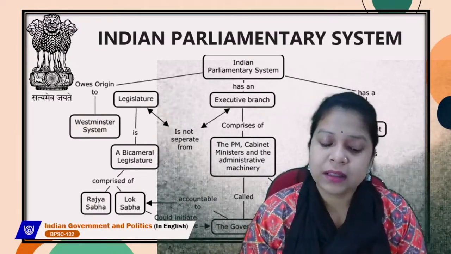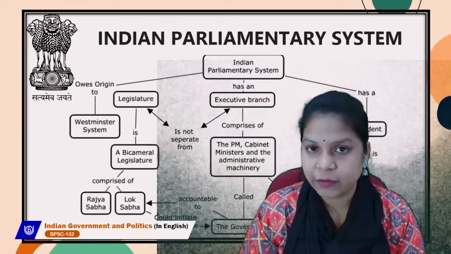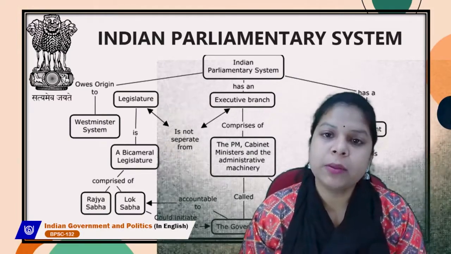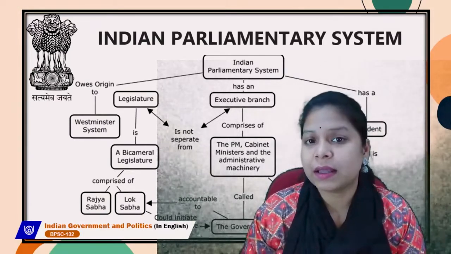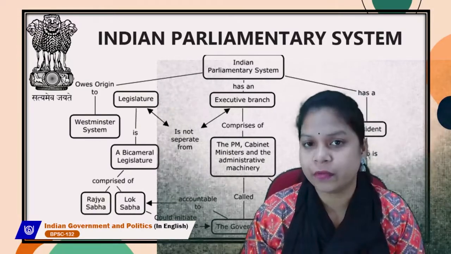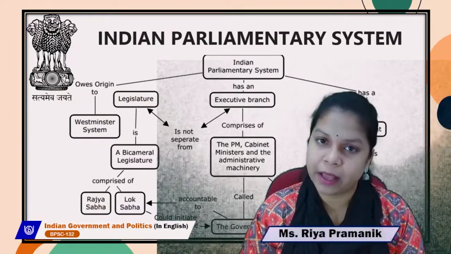So the Lok Sabha could initiate a no confidence motion against the government. The Lok Sabha has that power. Now, in the parliamentary system, there is a president, even though it's a parliamentary form of government, so we have both president and prime minister.